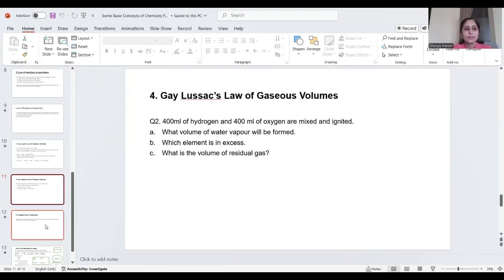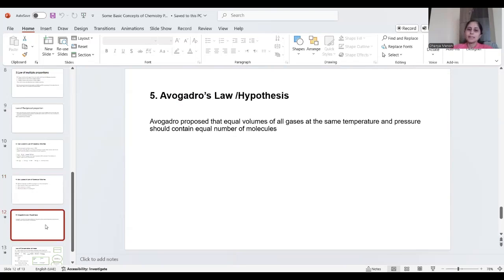Now, the last one, the last law is Avogadro's law. Now, Avogadro proposed that equal volumes of all gases, at the same temperature and pressure, should contain an equal number of molecules.